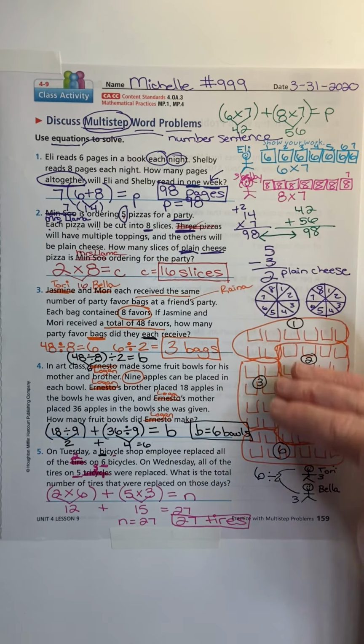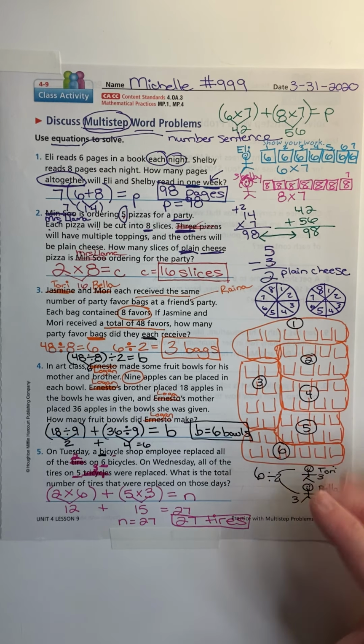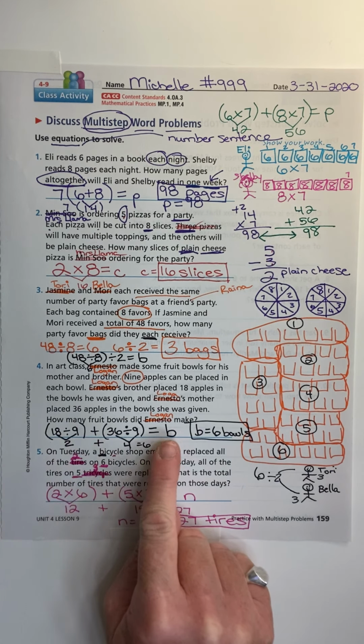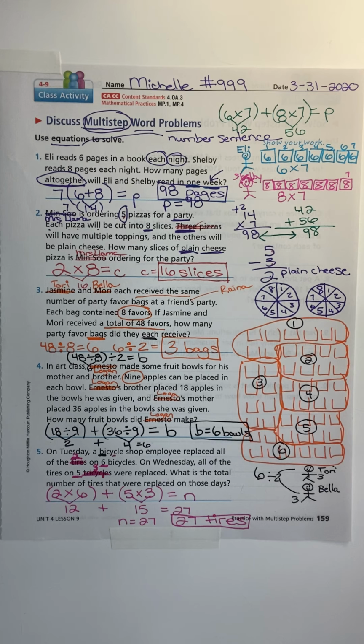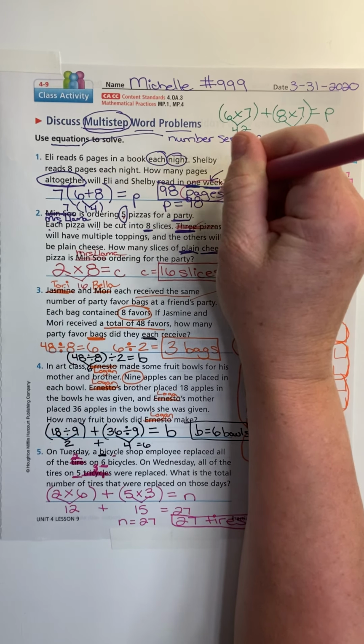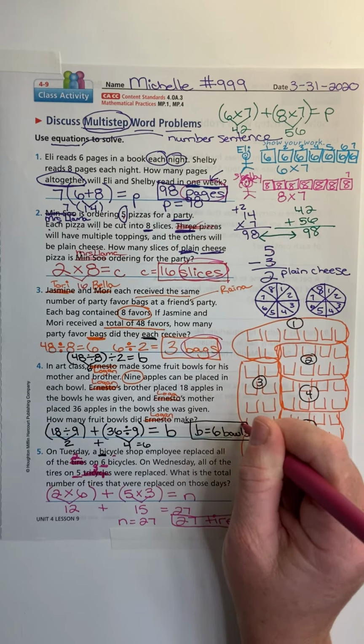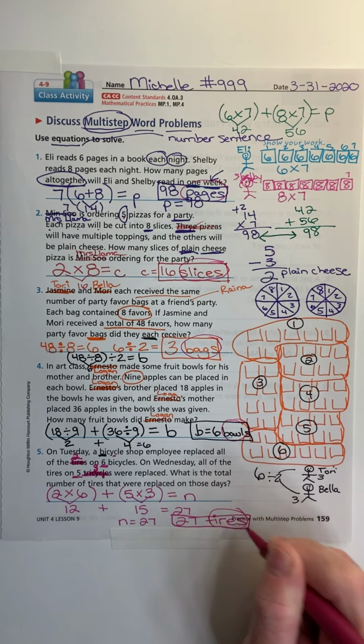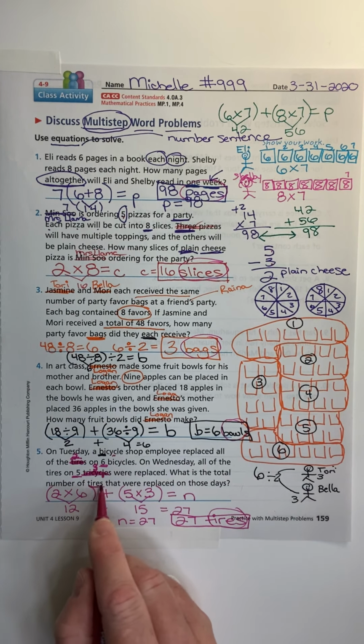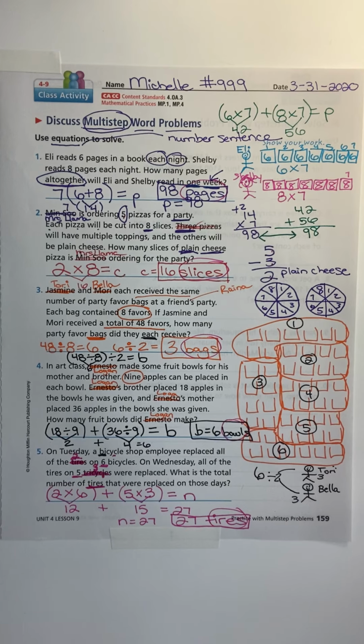So drawing pictures can help you. And then just do the best you can in terms of making it an equation. Okay, but do remember in all of these problems that there was a label at the end. Okay, and make sure that your label is what is being asked of you.